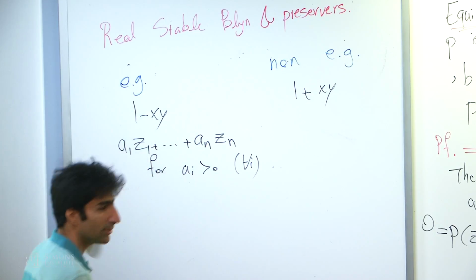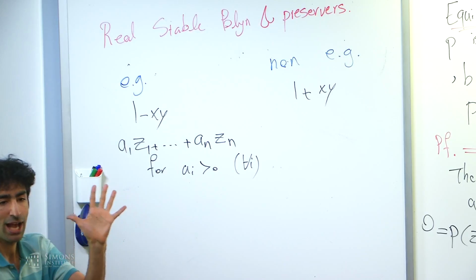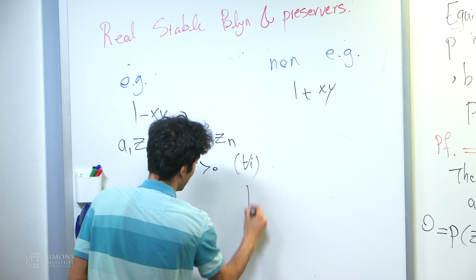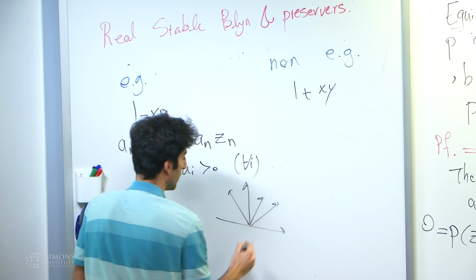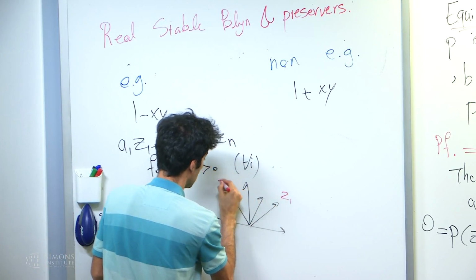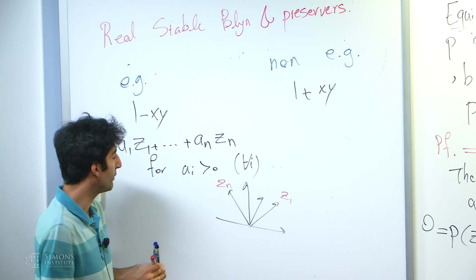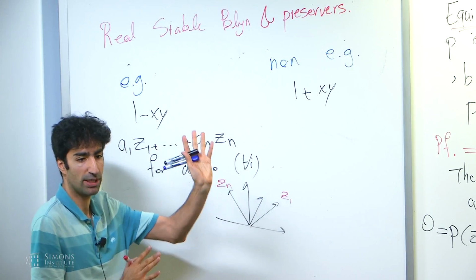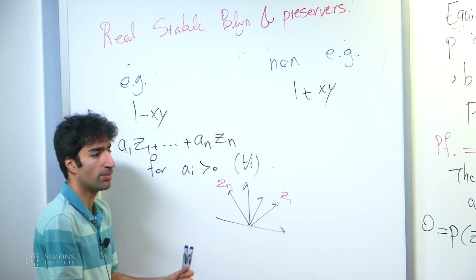This is a real stable polynomial, and the easy way to see it is that suppose z1 up to zn have positive imaginary values. You can basically think about them as vectors in the positive half of the complex plane. Now, if a1 up to an are positive, I'm basically thinking of a convex combination of these vectors, and any convex combination of them also points to the positive half plane.